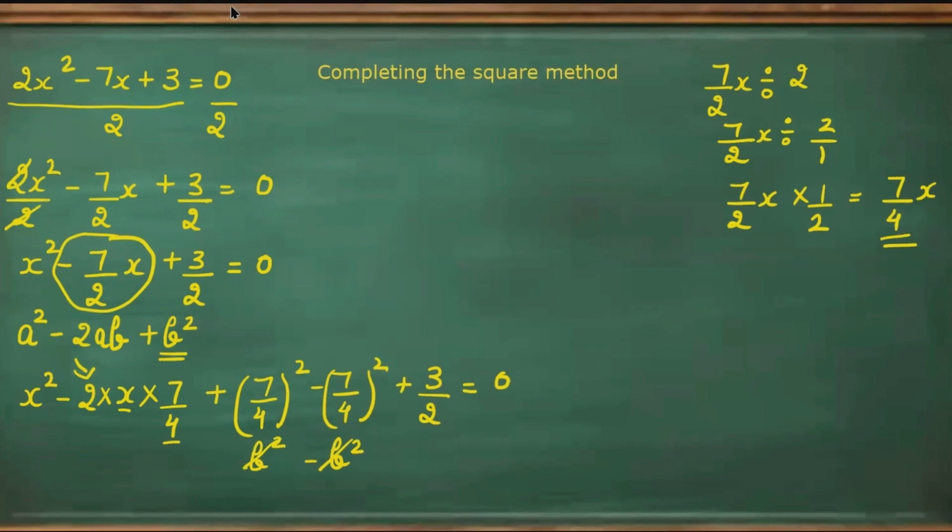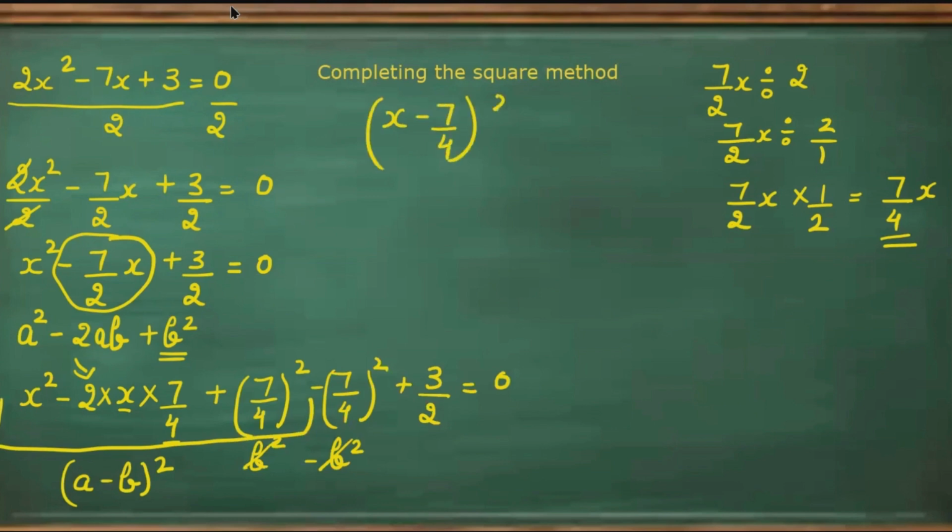After this, we can write this equation as a minus b whole square, because this represents a square minus 2ab plus b square. So we'll get x minus 7 by 4 whole square.